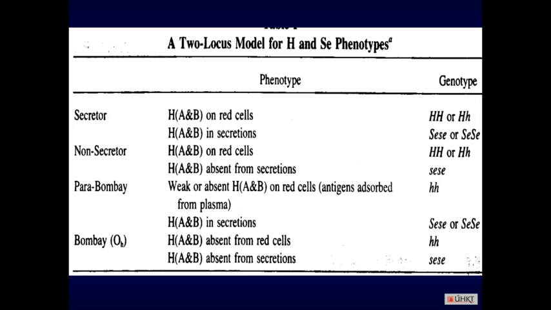In para-Bombay, antigens of the ABO system are absent on red cells but present in secretions and on epithelials. In true Bombay, there is absence of ABO on both red cells and epithelials.